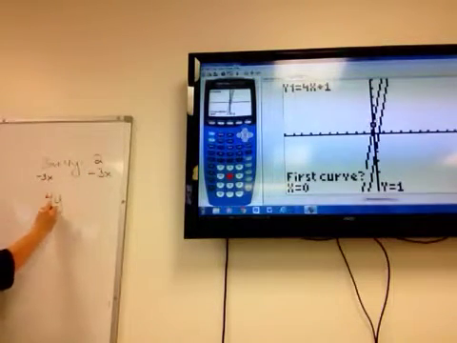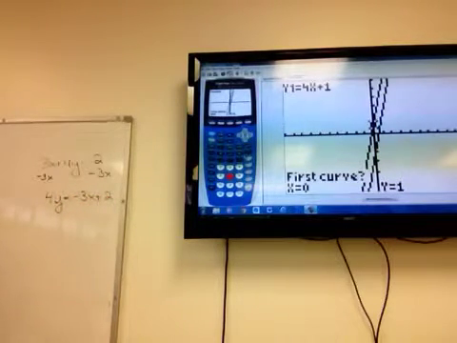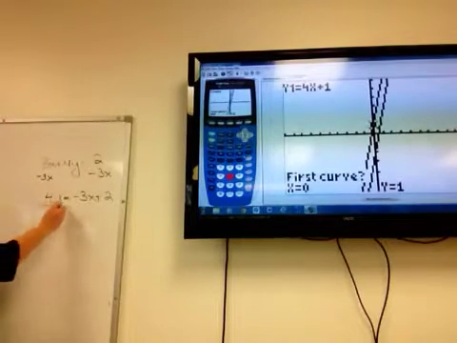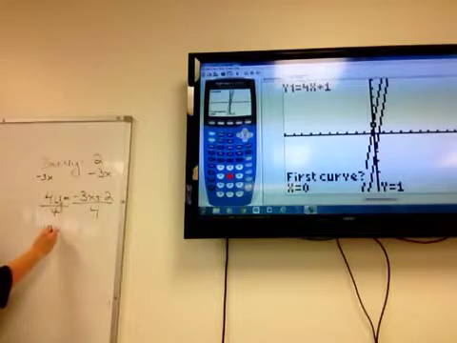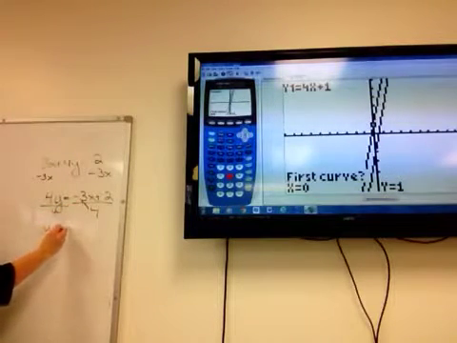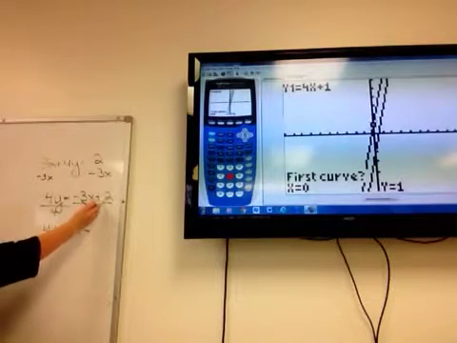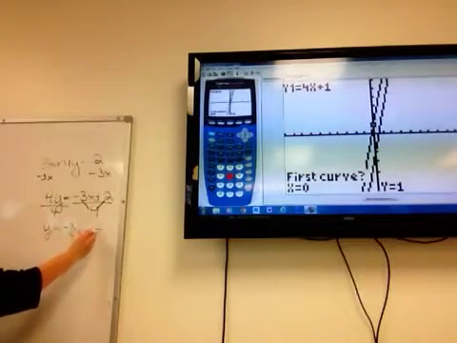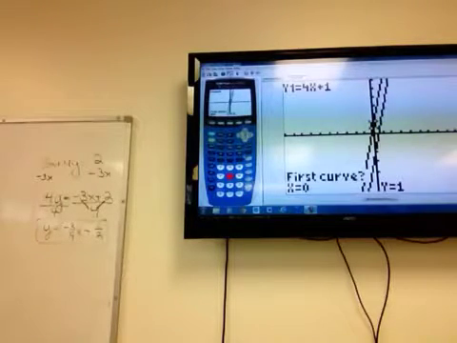So 4y equals, again, I like x first, but as Drew asked earlier, it could be written 2 minus 3x. Divide by 4, and y equals -3/4 x, plus 2/4. You could leave it 2/4, I'm gonna make it 1/2. If you left it 2/4, it'll come out the same, it's okay.